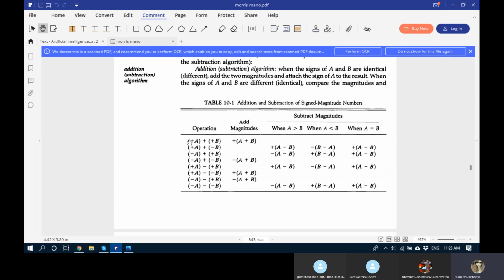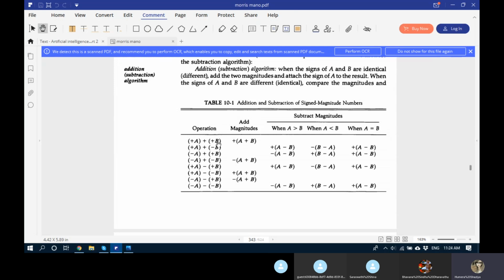There are two operands A and B, and you are going to perform plus operation or minus operation. When you are performing the plus operation, if the signs of both operands are plus or minus, then the operation you perform is addition. Otherwise, you perform subtraction.